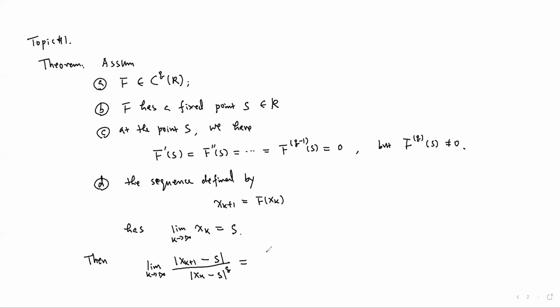The number is 1 over Q factorial times the Q-th derivative at s, which is non-zero. Because the number is non-zero, this limit says that by definition the convergence rate of this sequence is order Q.